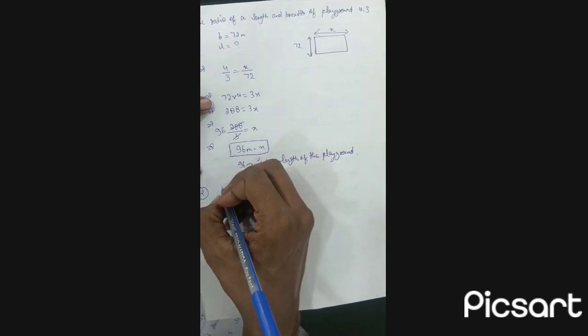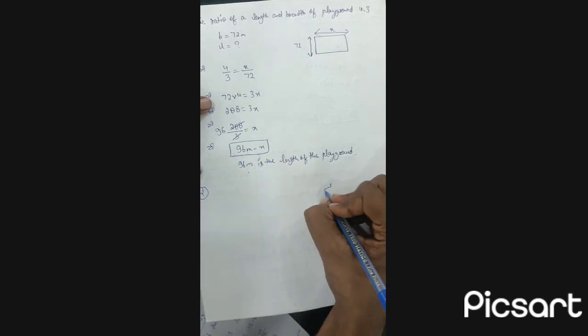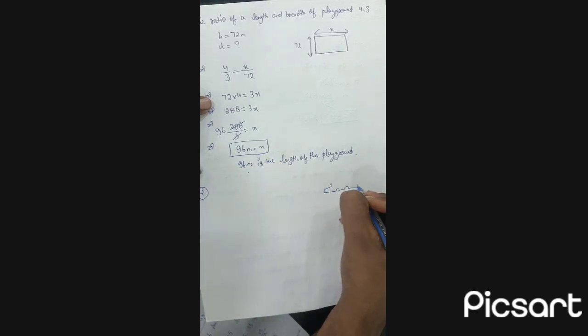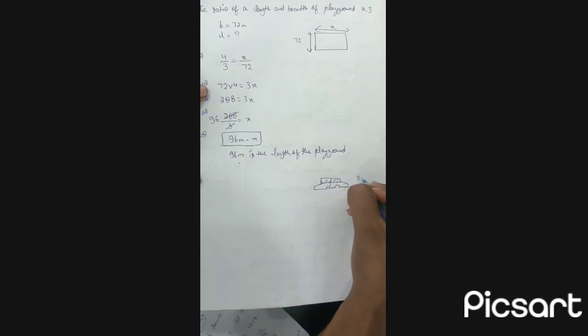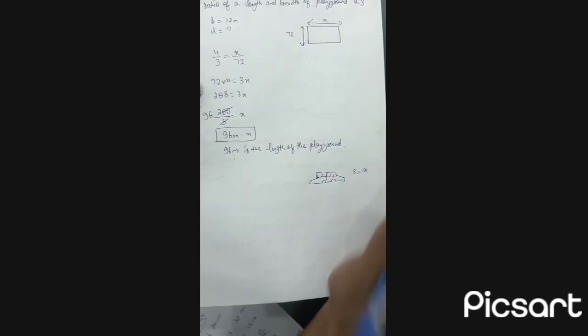It is saying a car is running at a uniform speed. Suppose this is a car, normally running at a speed x, which is not known, and it is said to be a uniform speed.